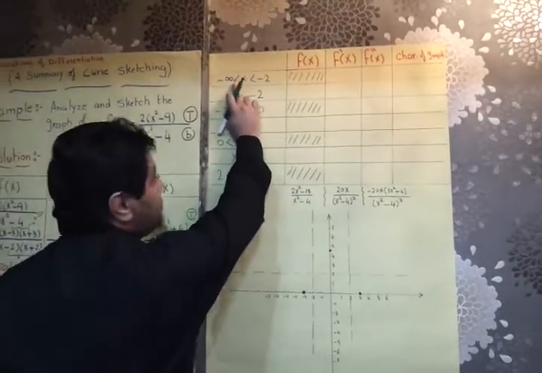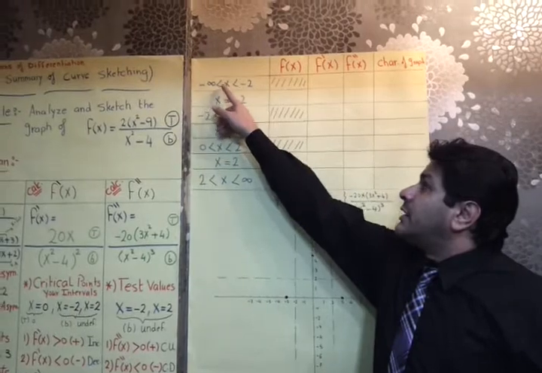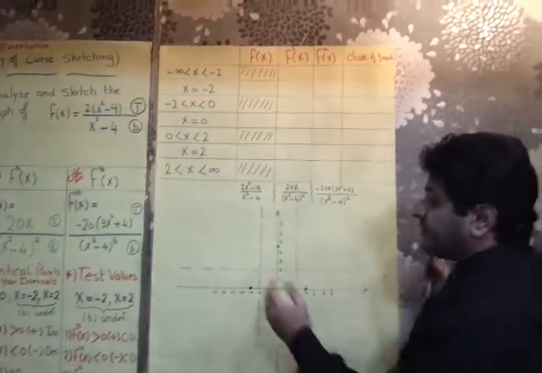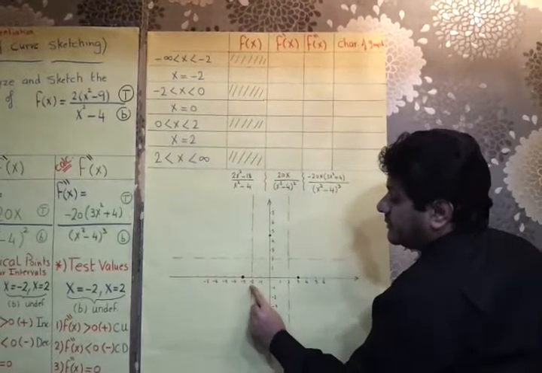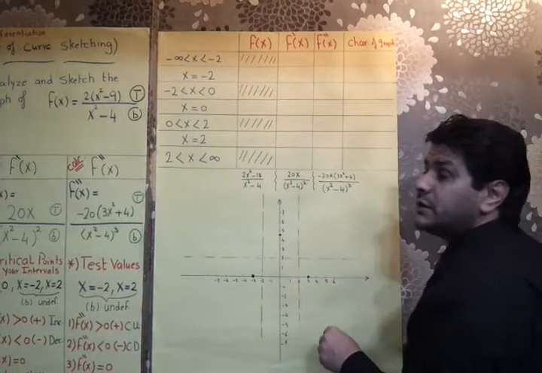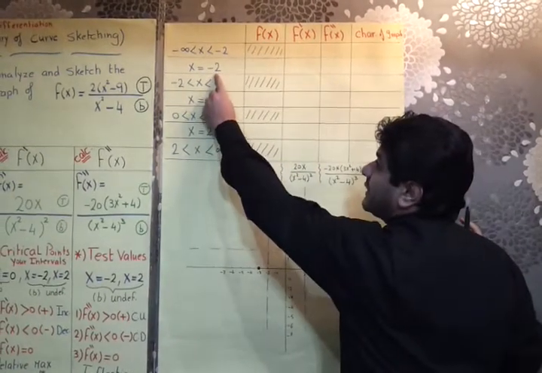Starting with the first one, -infinity to -2. This is going to be the first part, starting from -infinity, reaching the -2, I'm sorry. And we have a critical point which is undefined for the point x equals -2.